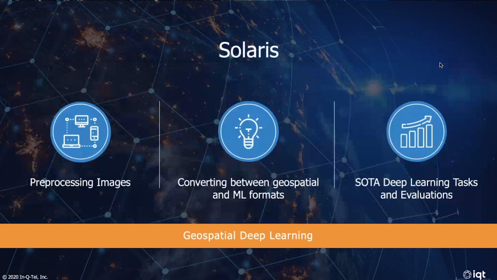Some of these non-trivial computer vision tasks include pre-processing images, which is way more involved than it might seem, tiling large format overhead images and vector labels, converting between geospatial raster and vector formats and other machine learning compatible formats, and performing semantic and instance segmentation, object detection, and other related tasks using state-of-the-art deep learning models designed specifically for overhead image analysis, and also evaluating performance of deep learning model predictions.